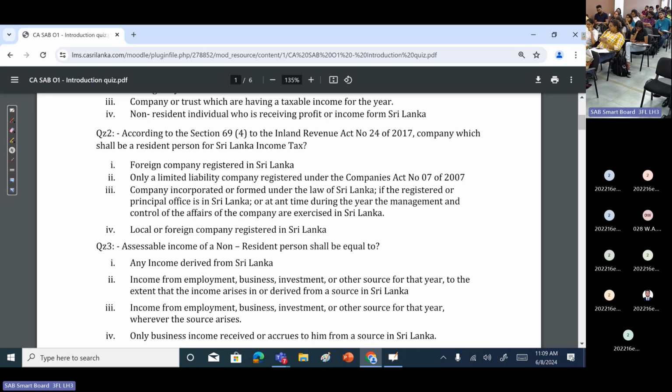Company incorporated or formed under the law of Sri Lanka if the registered or principal office is in Sri Lanka, or at any time during the year the management and control of the affairs of the company are exercised in Sri Lanka. Local or foreign company registered in Sri Lanka. Correct answer is B. Yeah, B is correct.